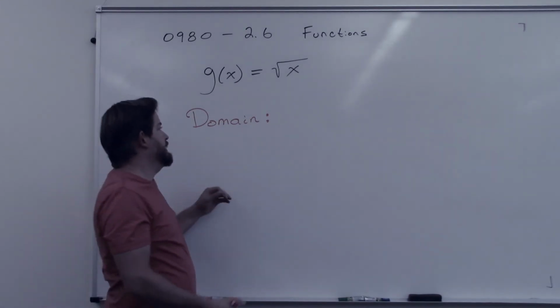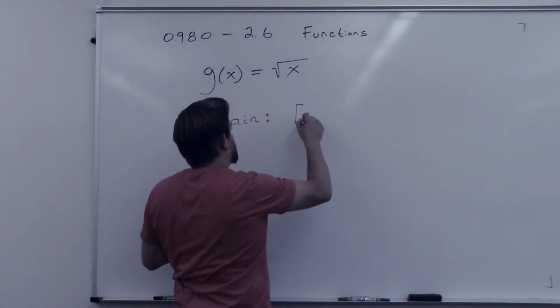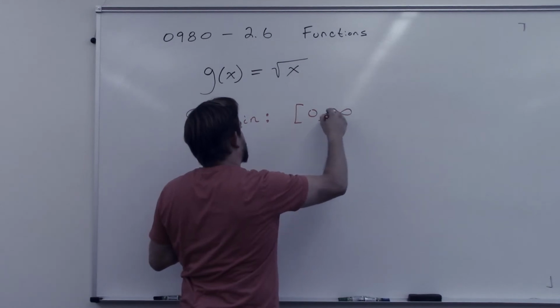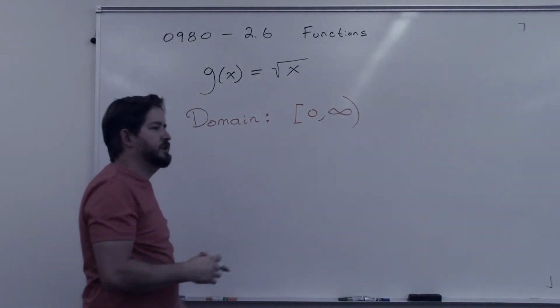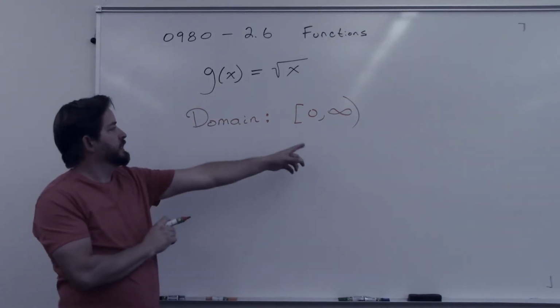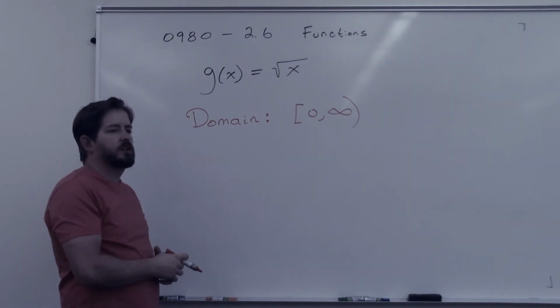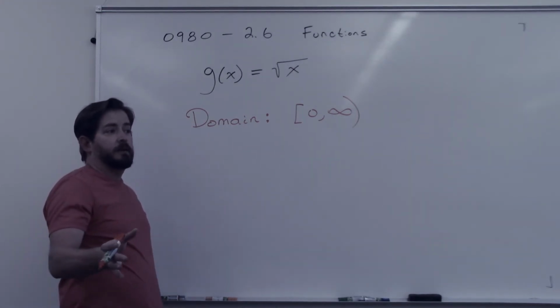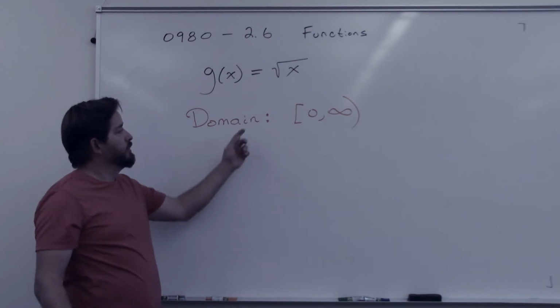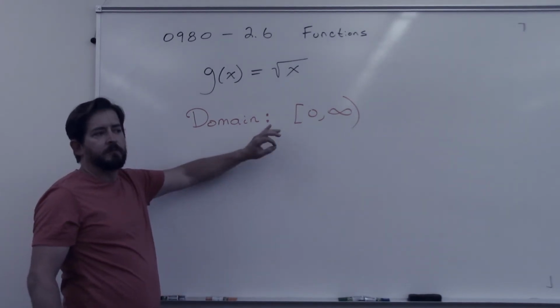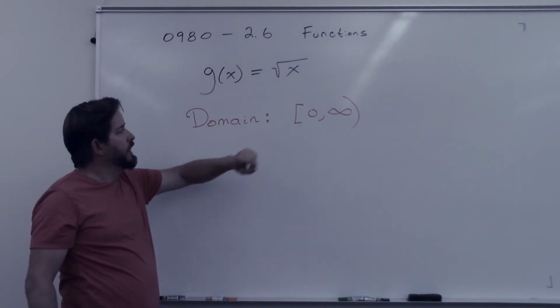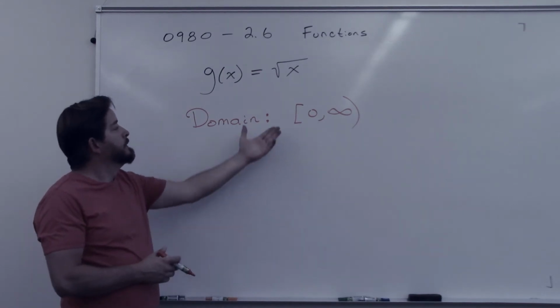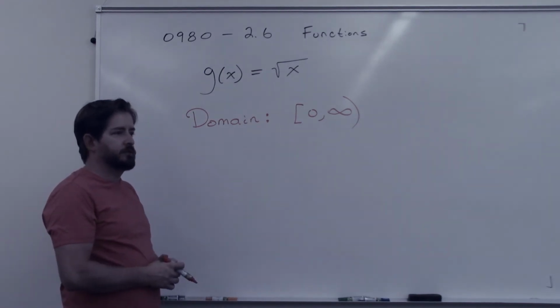And so the domain here is 0 to infinity. All of those numbers are good. It's when I try to jump off to the left of 0 that things start to go awry. We'll talk about that. It actually comes into play. We're no longer in a real number system, but it'll happen. But for now, we're talking about the real number system, so we're talking about these numbers, 0 to infinity.